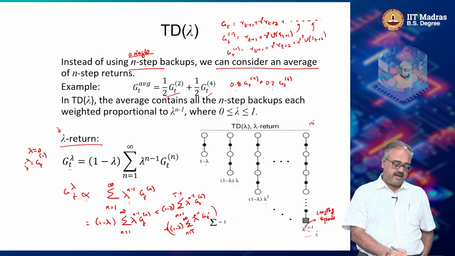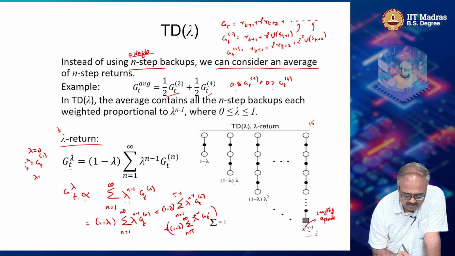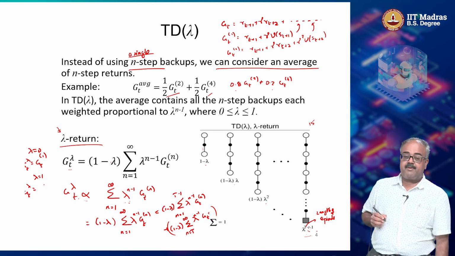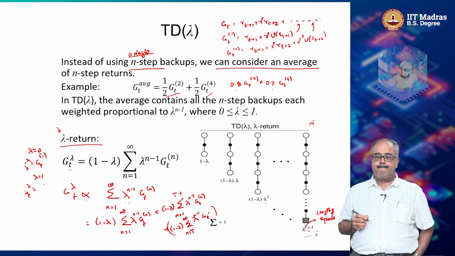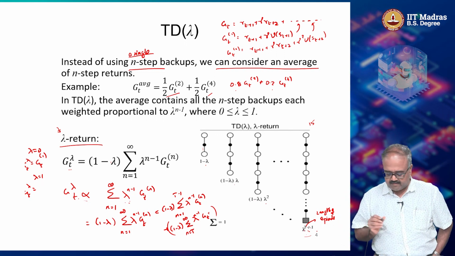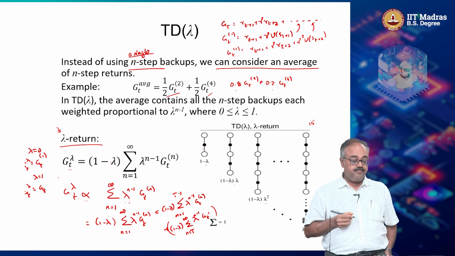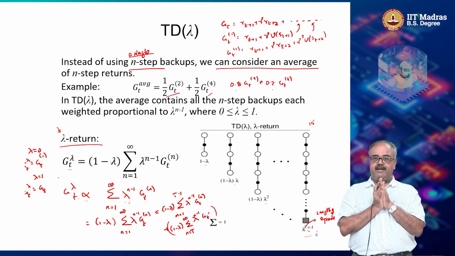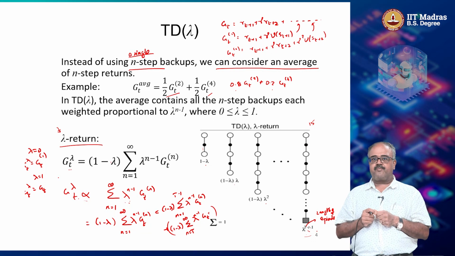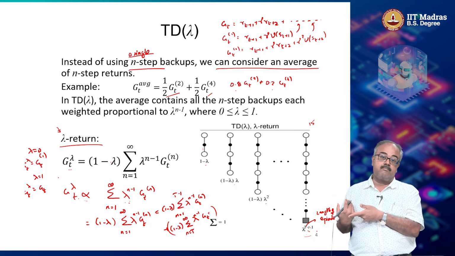So, if lambda equal to 0, G_t^lambda becomes G_t^1, and likewise if lambda equal to 1, the other terms go to 0 but the final term will not be 0, it will be 1. So, it becomes G_t. Now in the TD lambda case, when I put lambda equal to 0, I get my one step TD, and if I put lambda equal to 1, I get Monte Carlo.